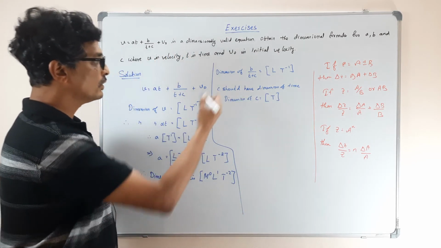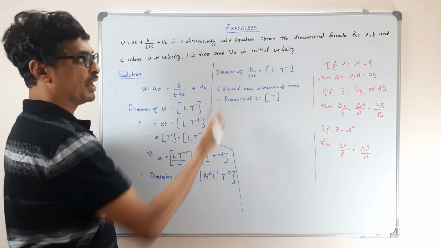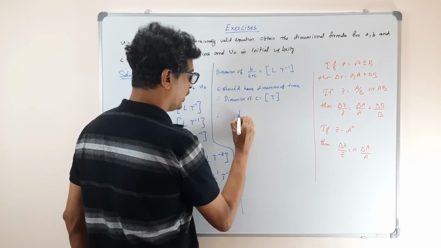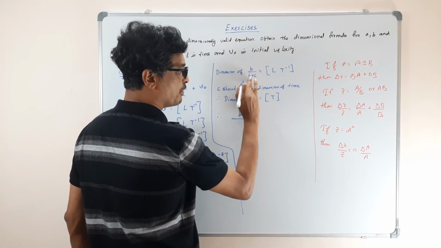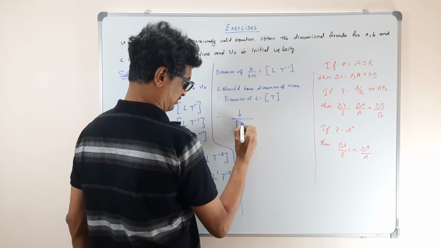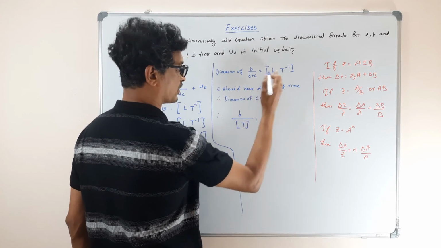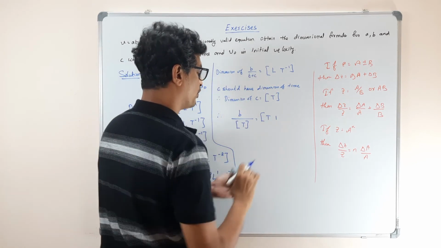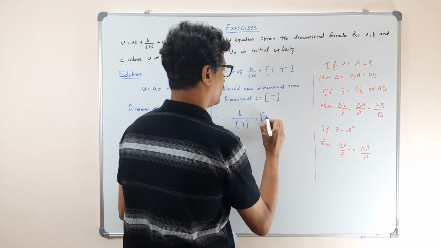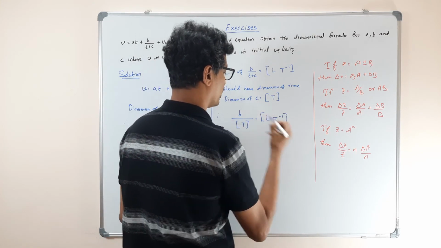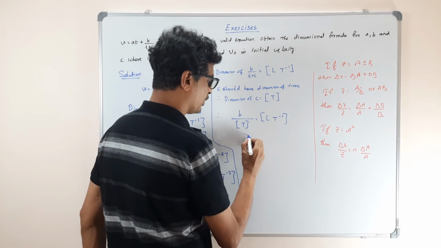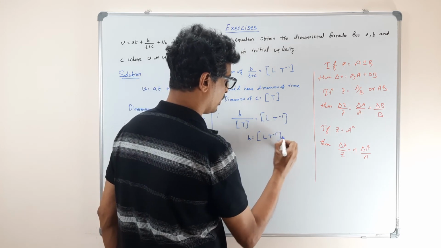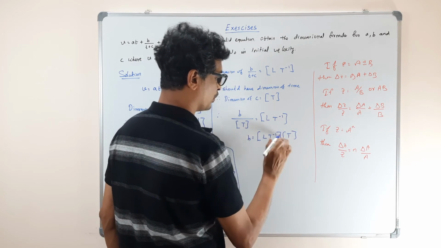Okay. So now, both of them will have the same dimension. Therefore, B divided by this dimension, which is just T, will be equal to velocity, LT to the power minus 1. Right? So when it goes there, you get B is equal to LT minus 1 times T. So this goes off.